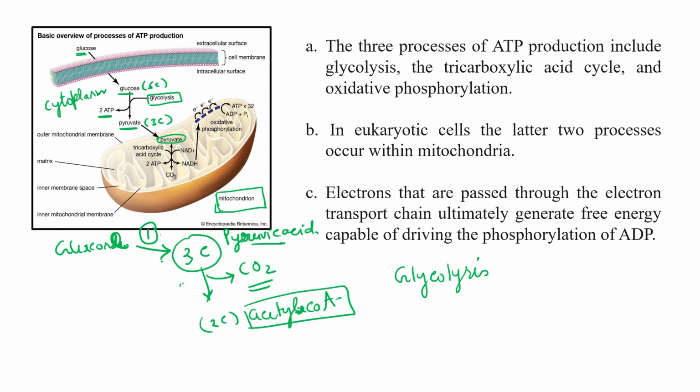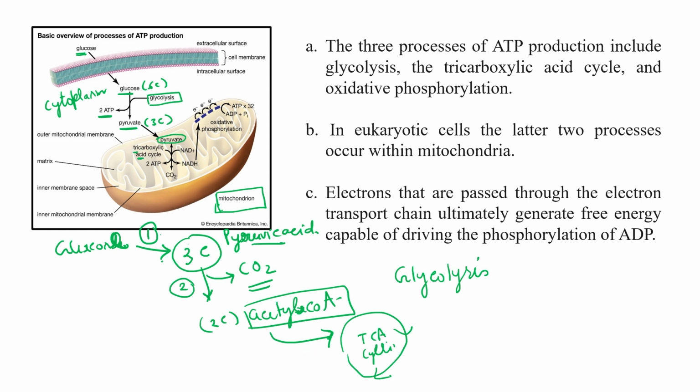This particular step is known as the link reaction, and this acetyl coenzyme A then enters a cycle known as the Krebs cycle or TCA cycle, the tricarboxylic acid cycle.